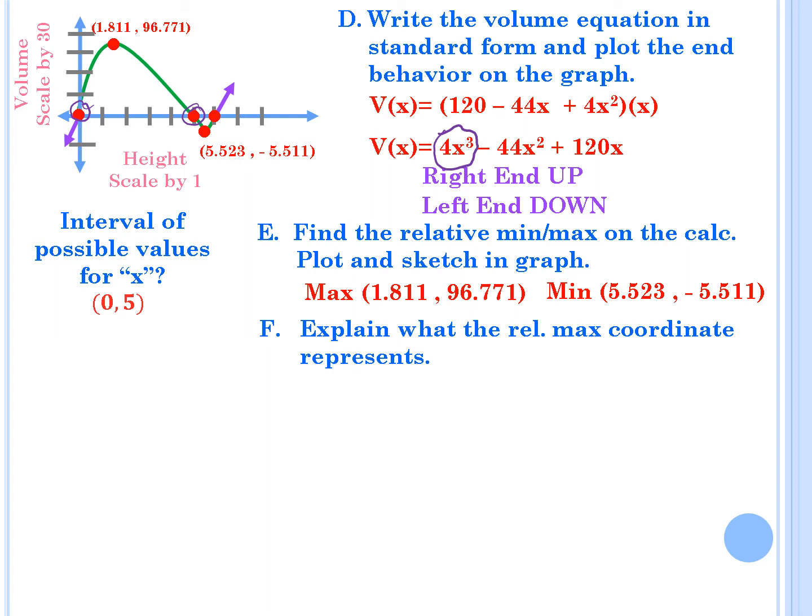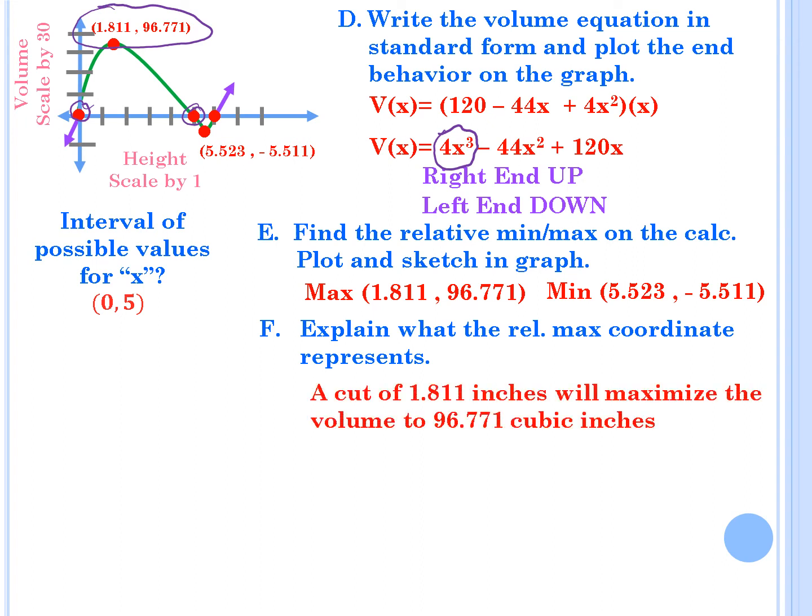Now let's talk about what the relative max coordinate represents. The relative max coordinate gives me the x value that maximizes the volume.